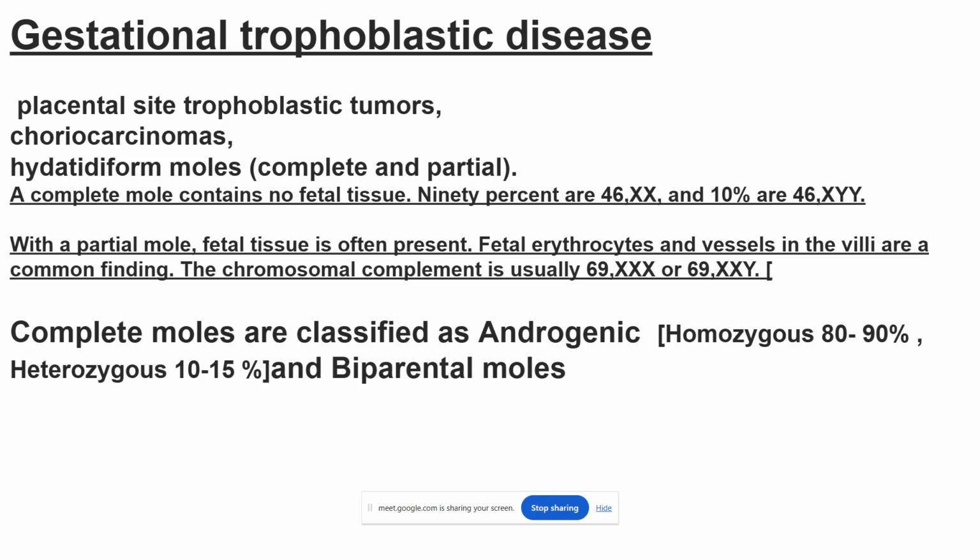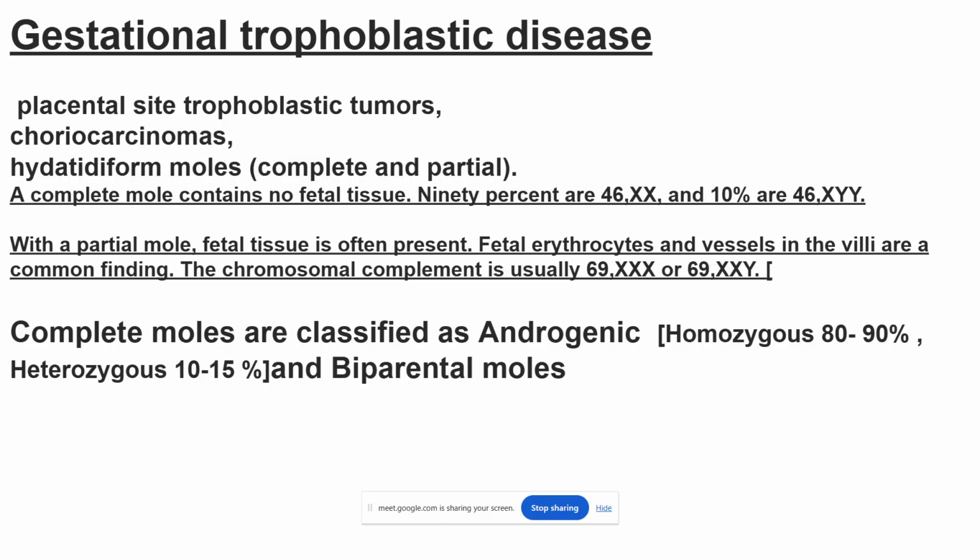Hydatidiform mole, or a molar pregnancy, is again categorized into two categories, complete and partial. A complete mole contains no fetal tissue. It's mainly due to an abnormality of the chromosomes. I will come to that part, how that chromosome abnormality arises. If there are both the X chromosomes and it progresses without having the diploid structure, then it's 46 XX.